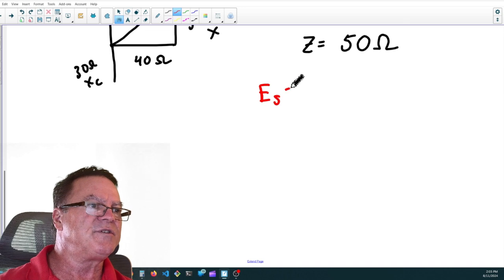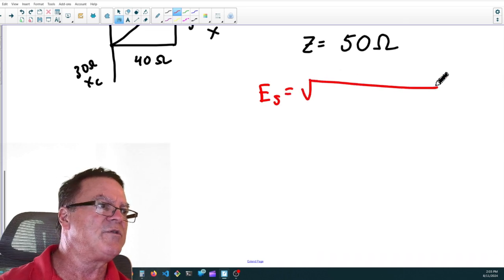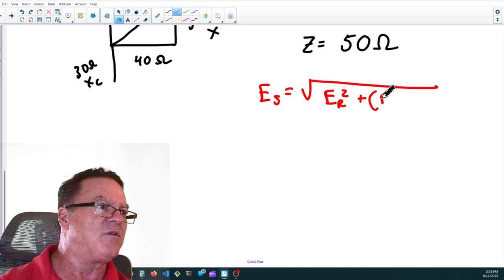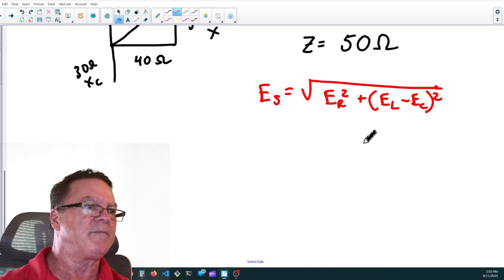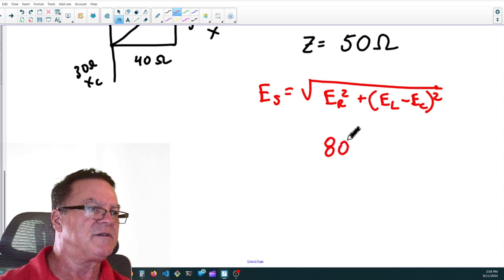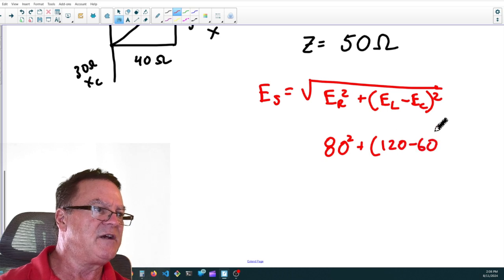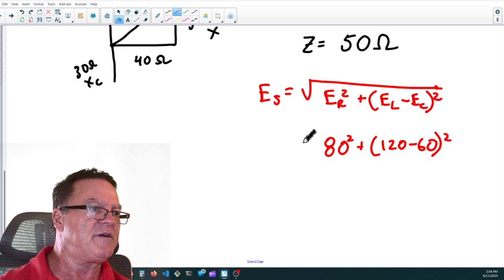The source voltage equals the square root of the voltage drop across the resistor squared plus, open parenthesis, the voltage drop across the inductor minus the voltage drop across the capacitor, close parenthesis, squared. Okay, so that was 80 squared plus, open parenthesis, 120 minus 60, close parenthesis, squared.